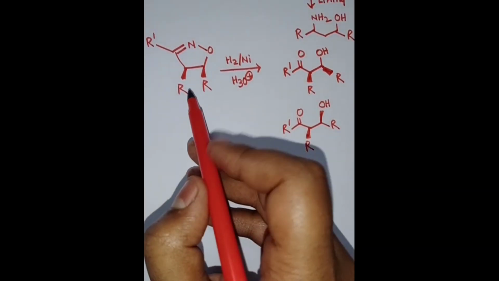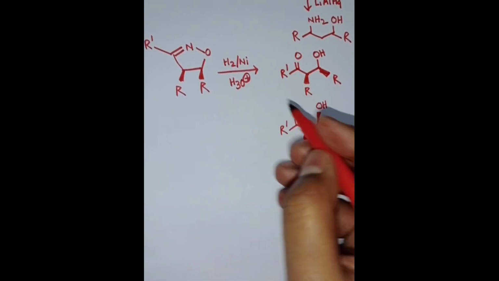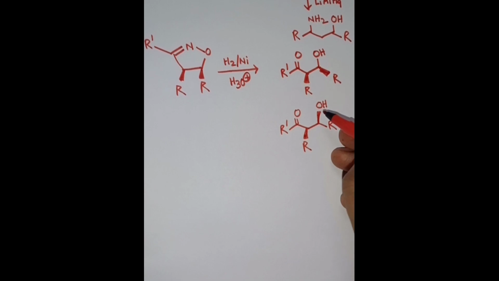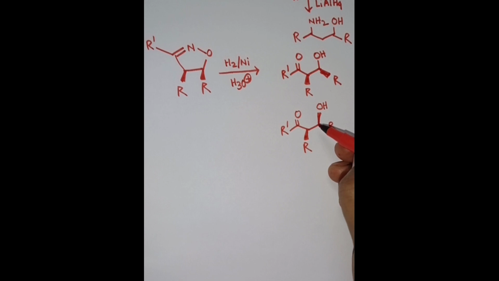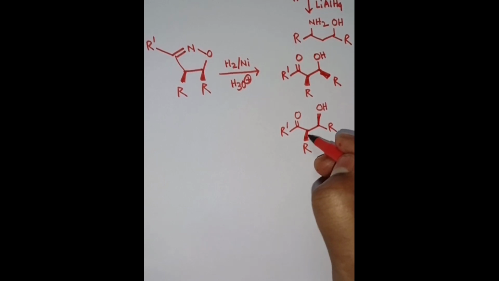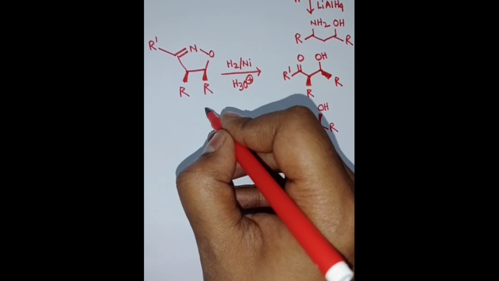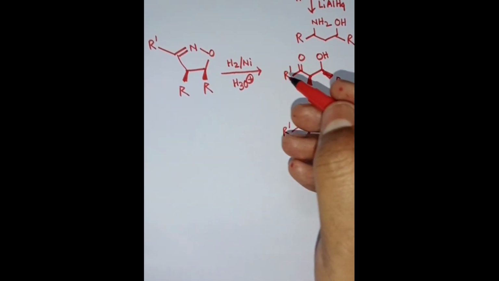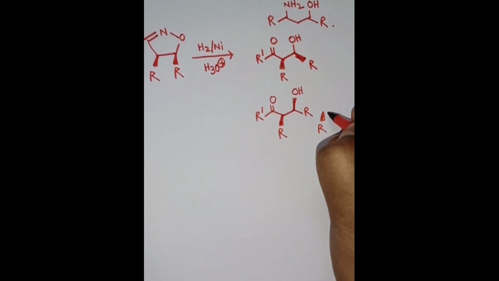So remember one thing: if in the starting material both substituents are cis to each other, then in the product this OH and the substituent connected to the carbon adjacent to this hydroxyl moiety will both be cis to each other. And if these two R groups are trans to each other in the reactant, then in the product they will be trans to each other.